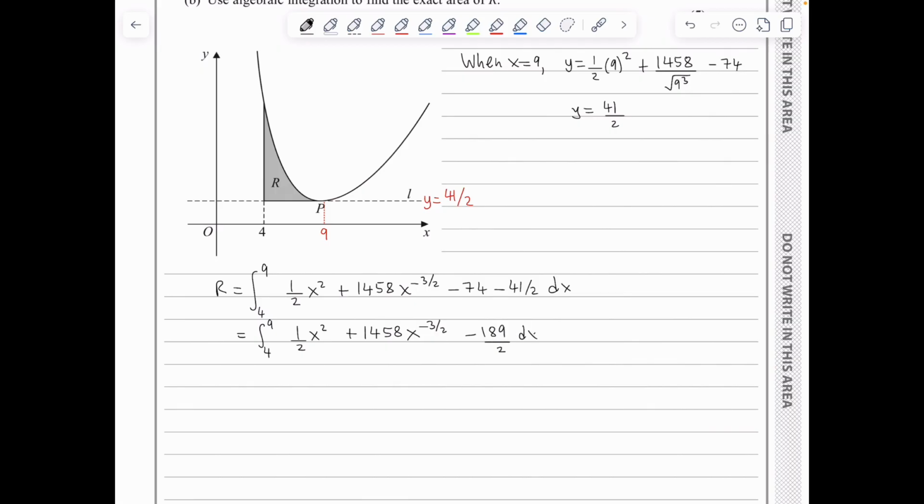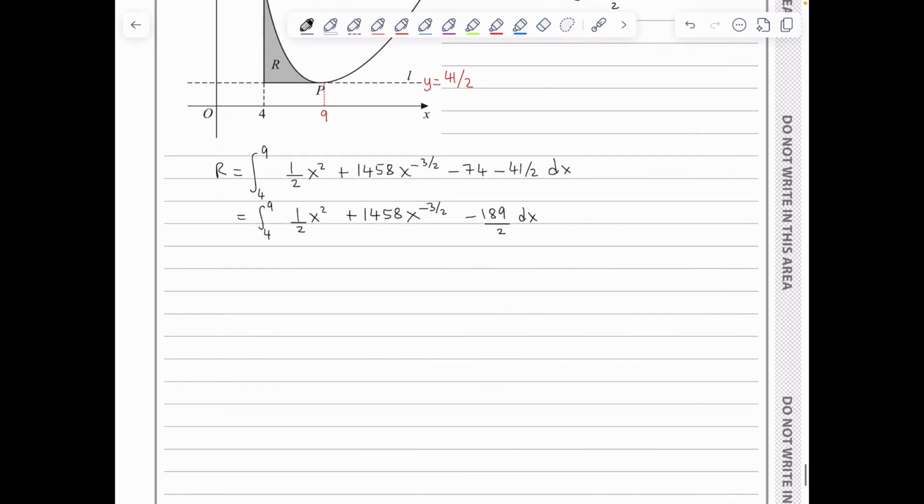And we know that in integration we increase the power by 1 and we divide by the new power. So this leads to a half, and it's x cubed over 3 plus 1,458 x to the minus a half over minus a half minus 189x over 2, and my limits are 4 and 9 respectively.